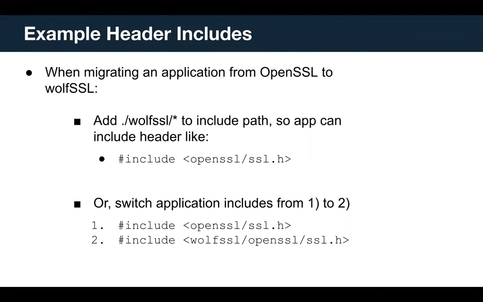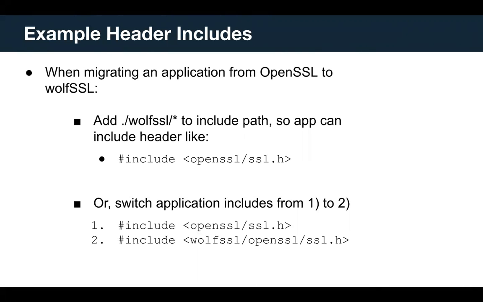When migrating an application from OpenSSL to wolfSSL, one of the things that needs to be resolved is including the right header files. OpenSSL headers should no longer be used, and the header files located in wolfSSL should be used instead. This is typically achieved in one of two ways.